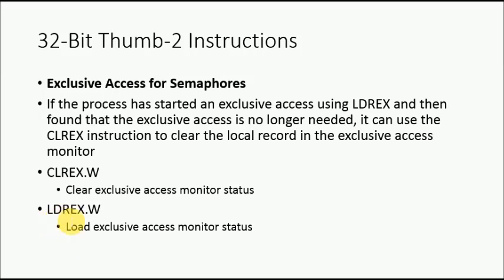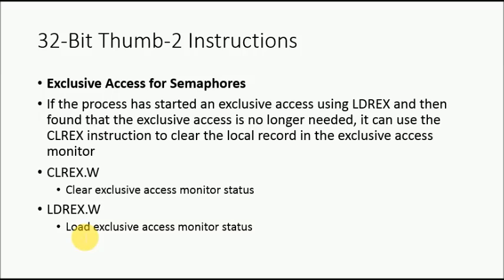This instruction is a privileged instruction, related to the operating system. So if I want to use any particular resource, I have to execute this instruction and load the exclusive access monitor status. After execution of this, if the semaphore is available, it will set the semaphore for that particular resource.